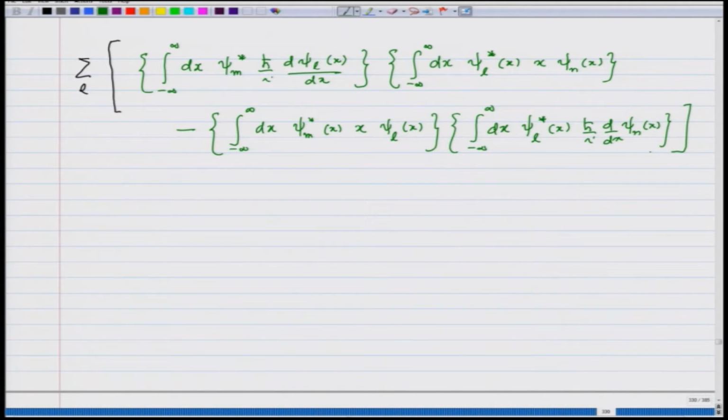And recall, all this is equal to h cross over i delta m n.